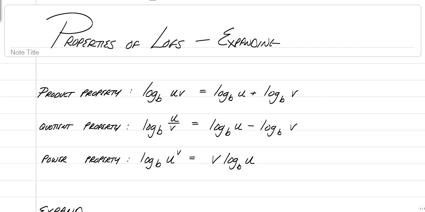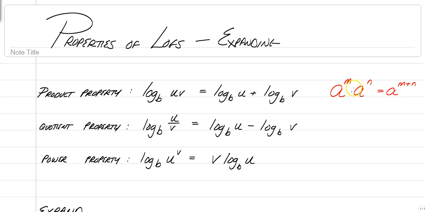Now those should all sound pretty familiar to you, because we already talked about this. We just did it with exponents. a to the m times a to the n was equal to a to the m plus n. So we already talked about a product property when you're multiplying. Multiplication is addition of the exponents.